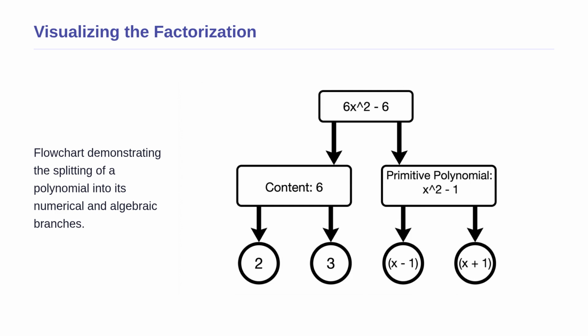Each branch then continues to break down downward until it hits rock bottom. The 6 splits into the prime numbers 2 and 3, while the algebraic part splits into the irreducible polynomials x minus 1 and x plus 1.